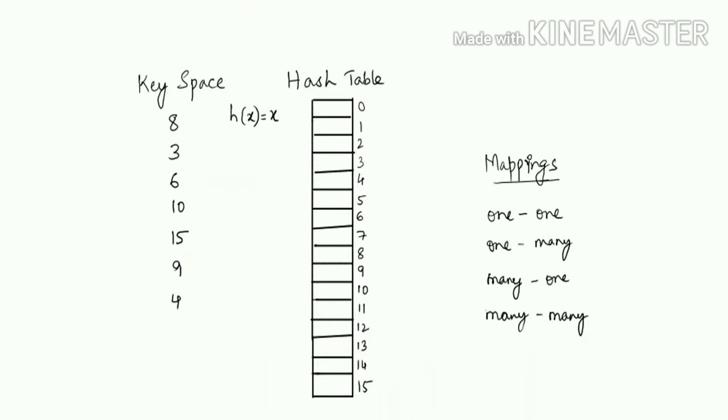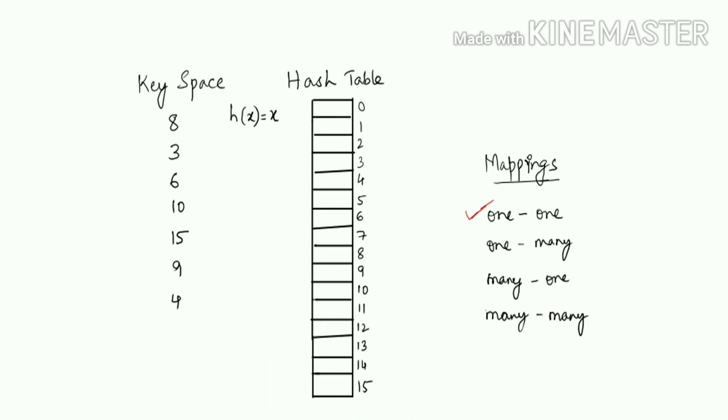Okay, so I have taken different keys now, 8, 3, 6, 10, 15, 9 and 4, and here the hashing function is h of x equal to x. Since the biggest number is 15, I have taken up to 15, and this is the drawback of one-on-one mapping. We'll see how the mapping is done.